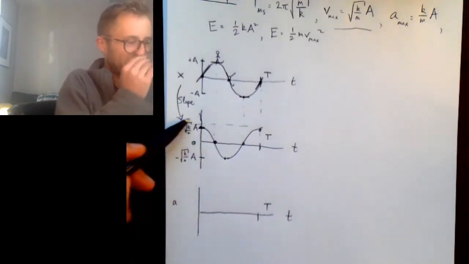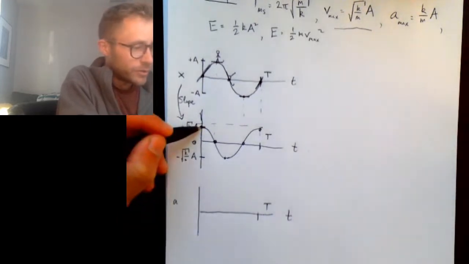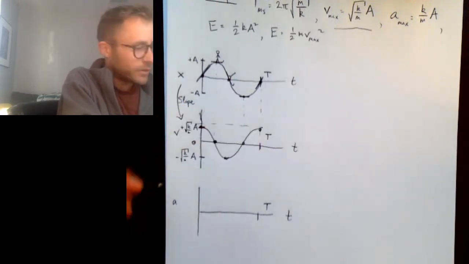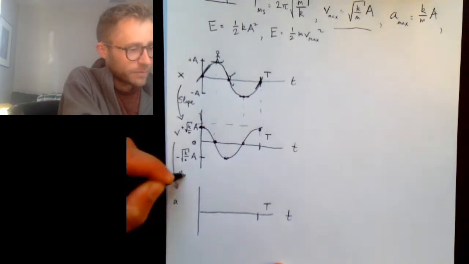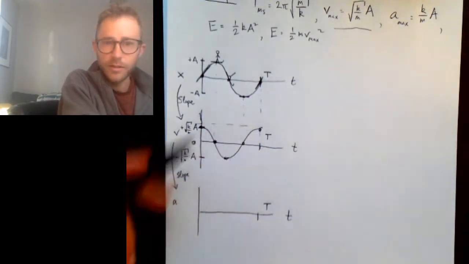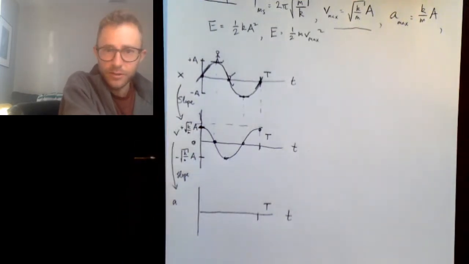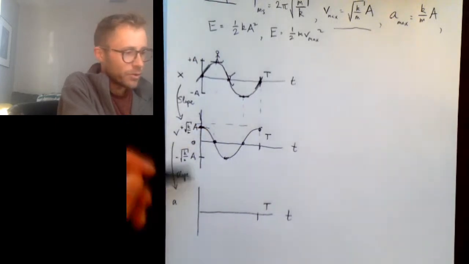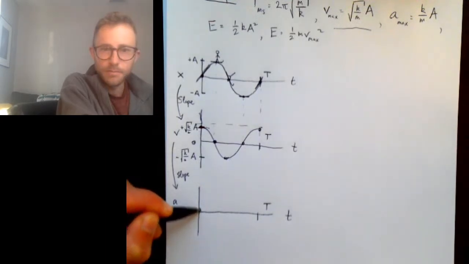So now what we're going to do is choose the same 5 points. To get the acceleration, that is the slope of the velocity graph. So now I have to take these 5 points and identify their slopes. Right here I can see that the slope is 0. So at the corresponding time, I'm going to mark the acceleration as 0.